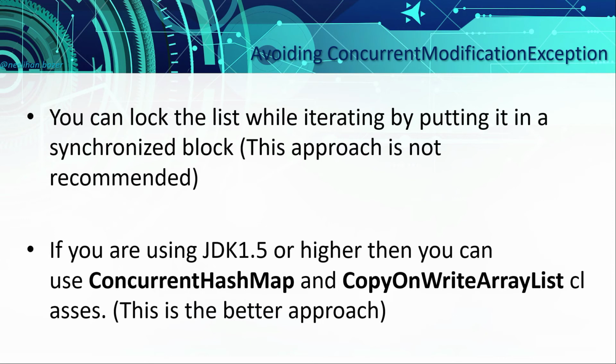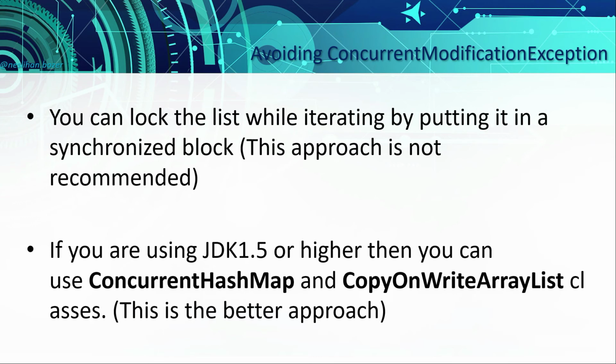As a second solution, applying locks by putting a synchronized block while iterating the list can be a good approach, but it causes poor performance for large lists. Third, using the concurrent API like ConcurrentHashMap or CopyOnWriteArrayList provides both an effective and scalable solution. This is the most recommended approach to avoid ConcurrentModificationException.